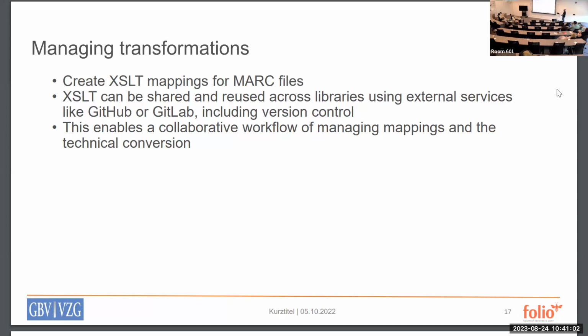And you can share it quite easily and reuse it across multiple libraries. So you can use something like Git or GitHub or GitLab if you want to use such a service. And that comes with the advantage that you have version control basically for free, because that is already built in.